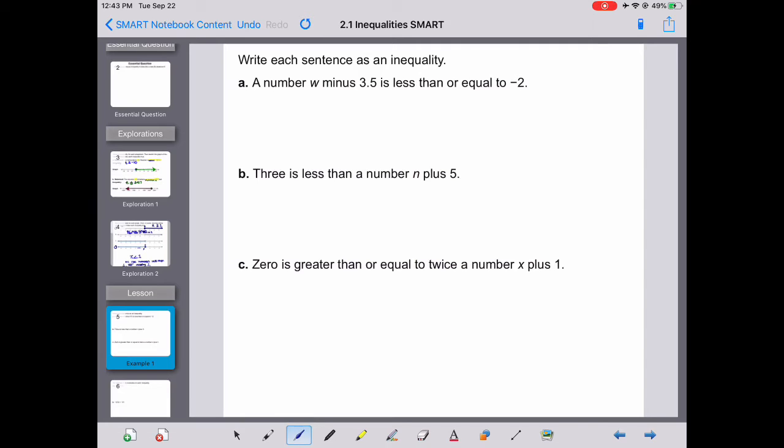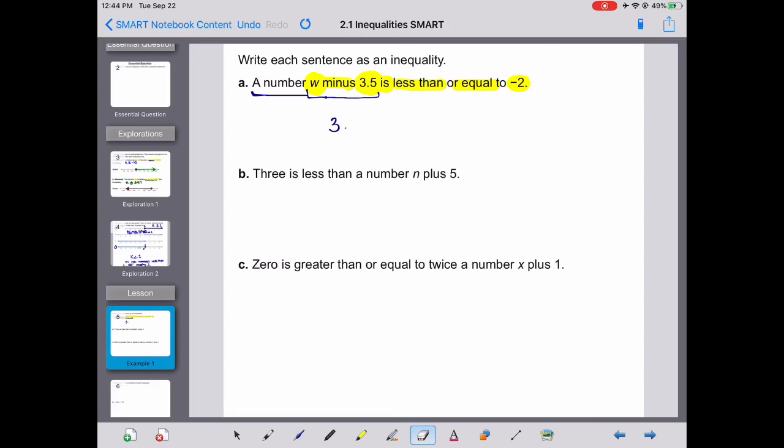We'll try a couple of these. This says write each sentence as an inequality. In part A, you have a number, W, minus, keyword is minus 3.5, is less than or equal to negative 2. So let's translate this into words. W minus 3.5.